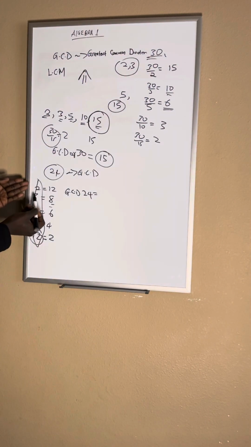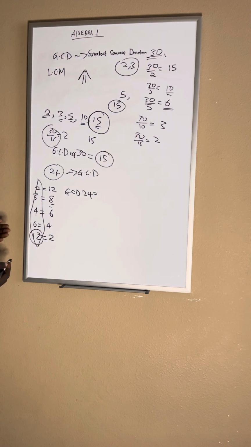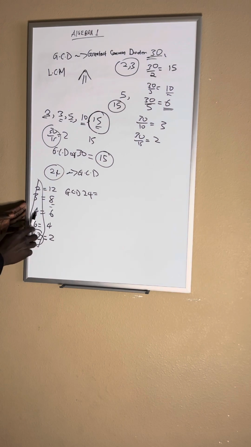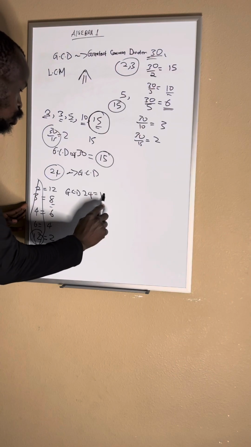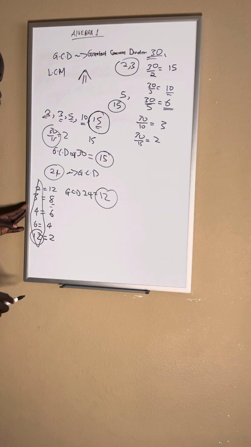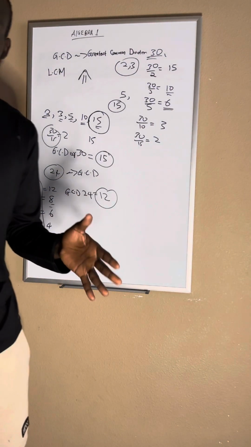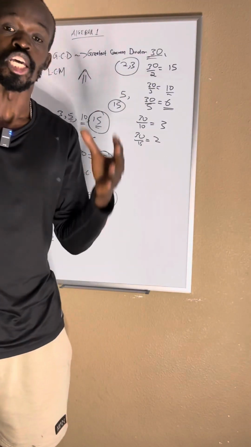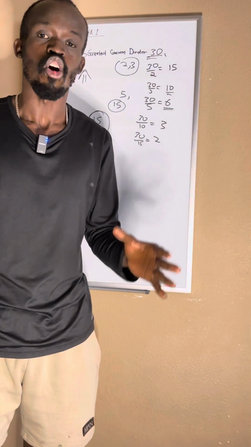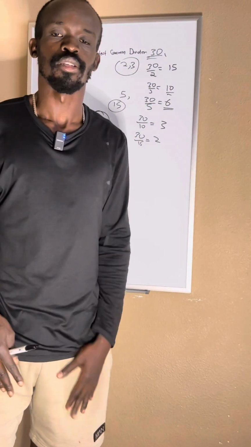And as you can see, which is the greatest number among these? 2 is small, 3 is greater than 2, 4 is greater than 3, 6 is greater than 4, and 12 is greater than 6. This makes the GCD of 24 to be what? 12. So our greatest common divider in this case is 12. So, class, that's what we basically mean by GCD, the greatest common divider of given numbers. Thank you.